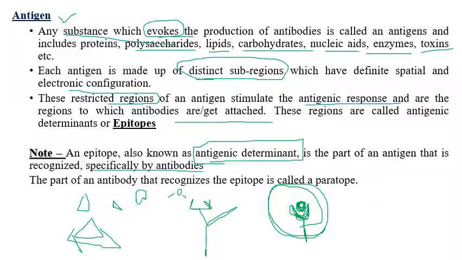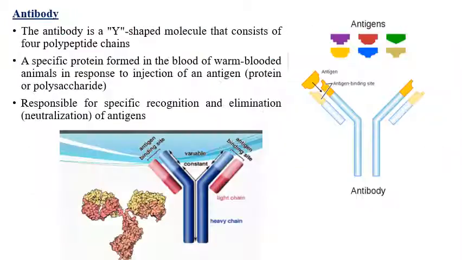If the antigen produces this type of structure, the antibody will produce a matching structure so that it can bind the particular epitope region. If the antigen produces a globule like this, the antibody has to produce a structure like this so that it can trap and bind it. This is the particular epitope region. The second one is antibody.